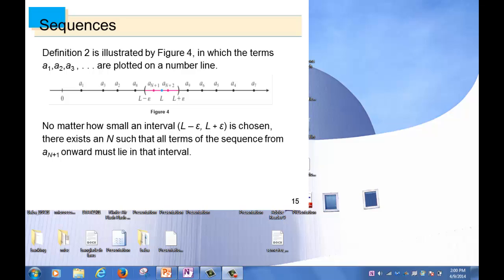But eventually all the terms will be within epsilon. Everybody's okay with that?